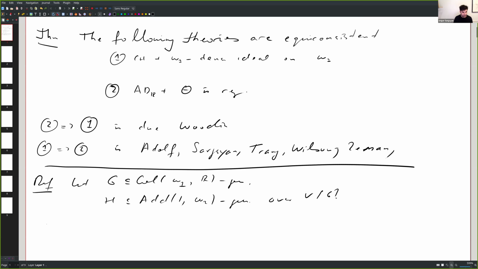Now suppose I is an ideal in V[G][H], and I is normal, let's say. I is on the power set of omega 1 R and is normal.